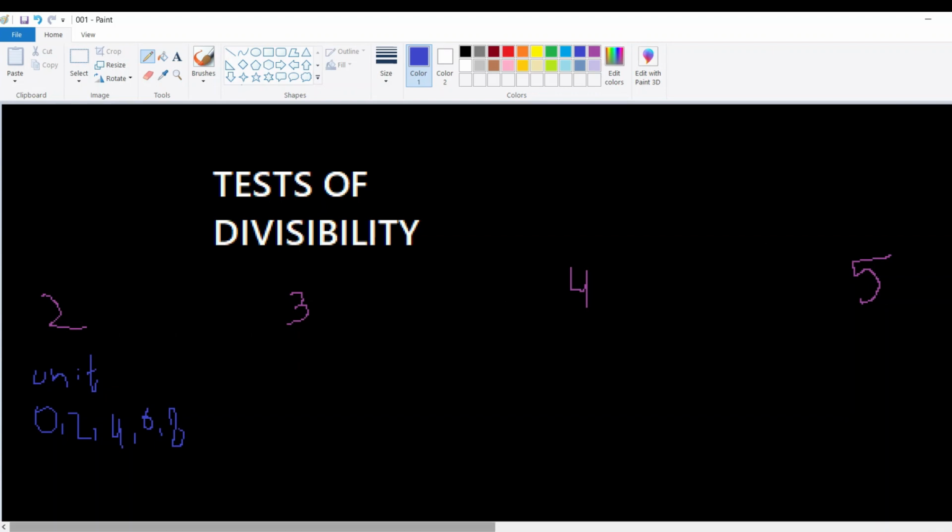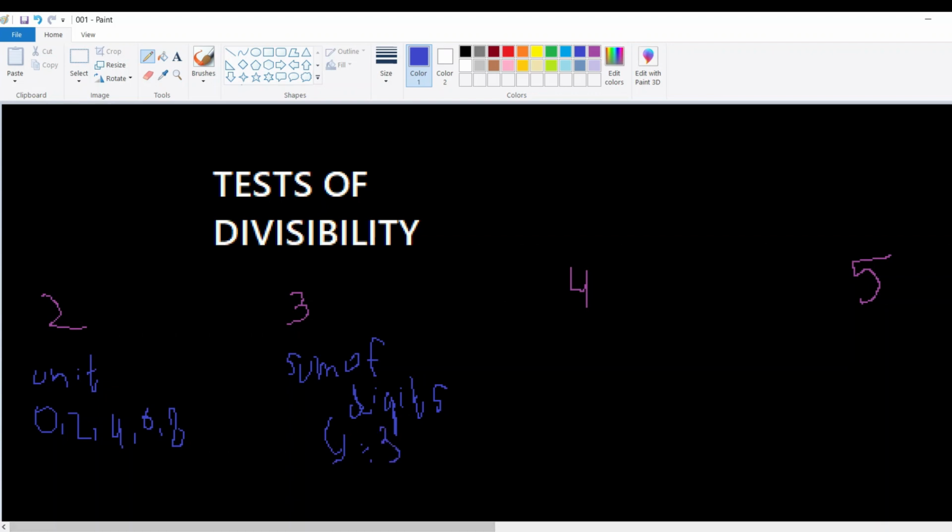Of course. Now for the 3, you have to take the sum of digits. I'll explain each by example, I think it's a better approach. If the sum of the digits is divisible by 3, then the whole number is also divisible by 3.